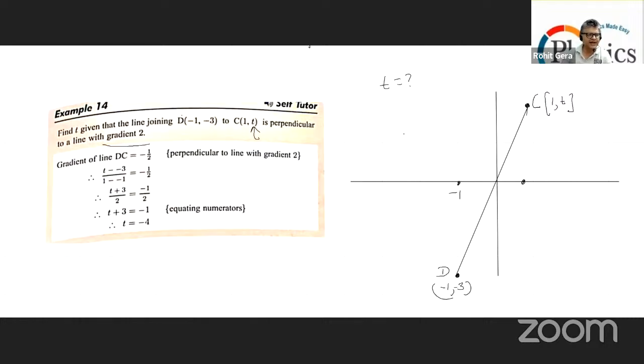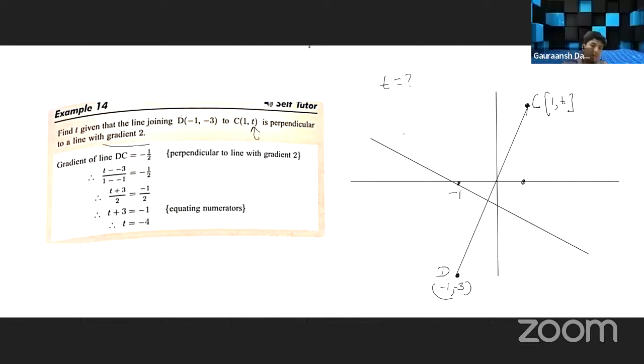Let's say the line with gradient 2 looks like this, because it says it is perpendicular. Yes. So I drew a perpendicular. Okay?